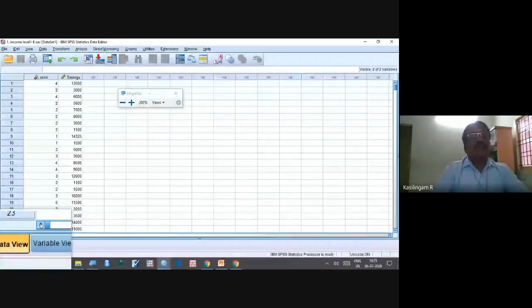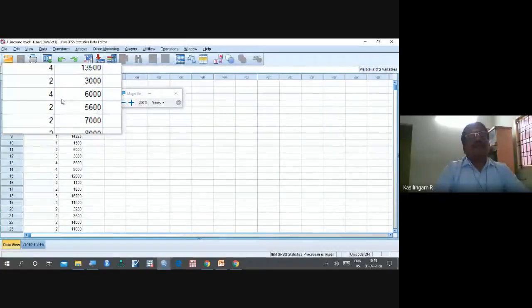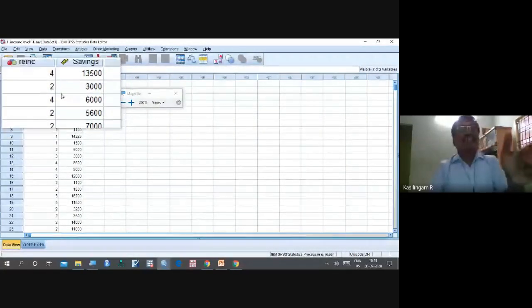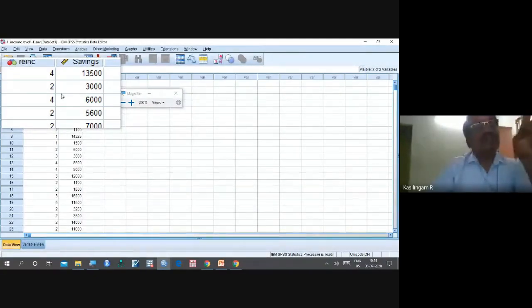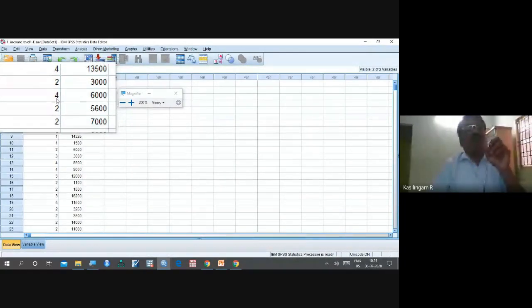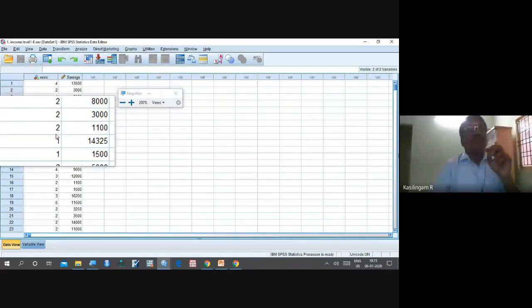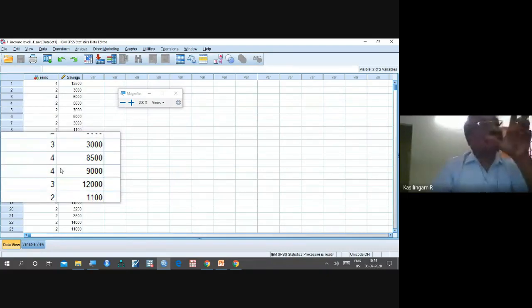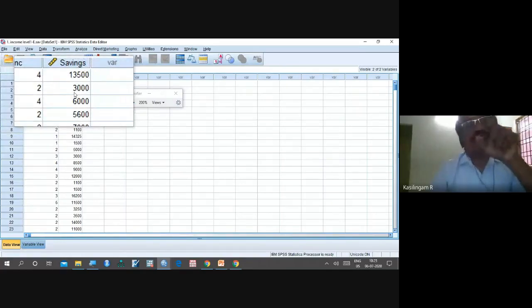In the data view, income 4. What do you mean by 4? It is the fourth category. What do you mean by 2? It is the second category. 4, 2, 2, 2, 2, 1, 2, like that. This is the category to which each respondent belongs. This is their actual savings.